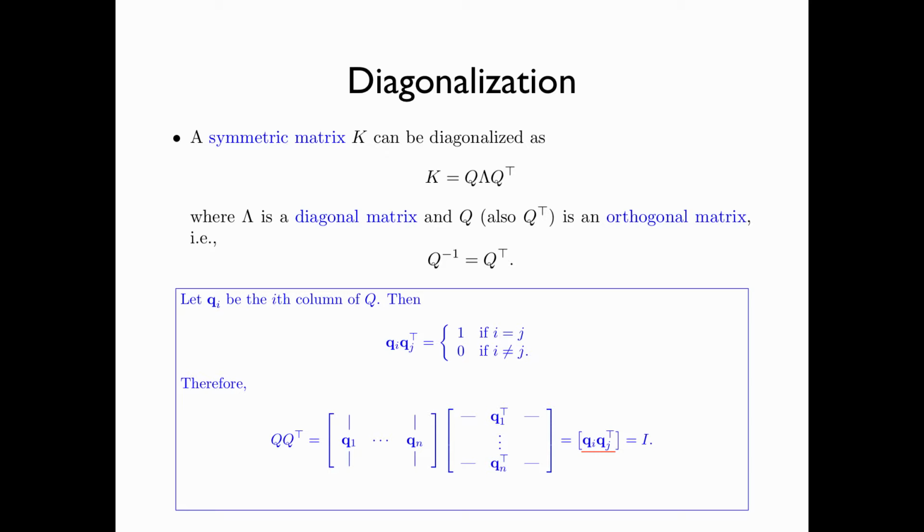Because the matrix Q is orthogonal, we see immediately that Q times Q transpose is equal to the identity matrix. And from this, we see that Q inverse is equal to Q transpose.